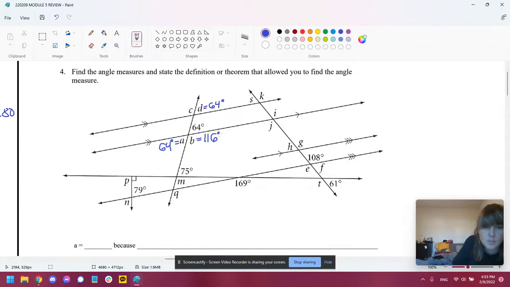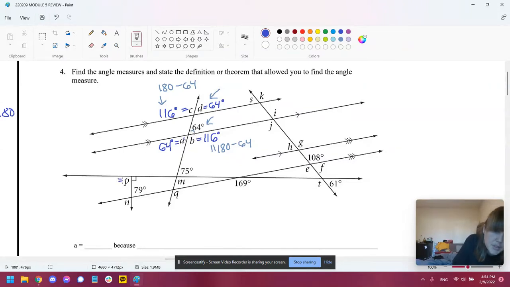Let me not forget these. Same thing here. C is right next to D. So we're going to do 180 minus 64 to get 116. Let me fill this in so far. Whereas this one, we just matched them up right here. And with these ones, they were across from each other.